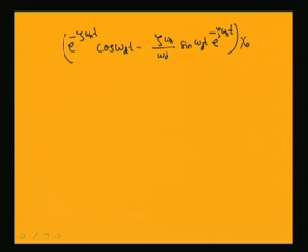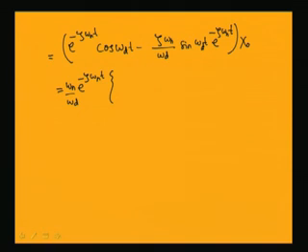So, I can simplify this term. Let me take e to the power minus zeta omega n t common. So, this becomes e to the power minus zeta omega n t into, and I can take omega n by omega d also common.